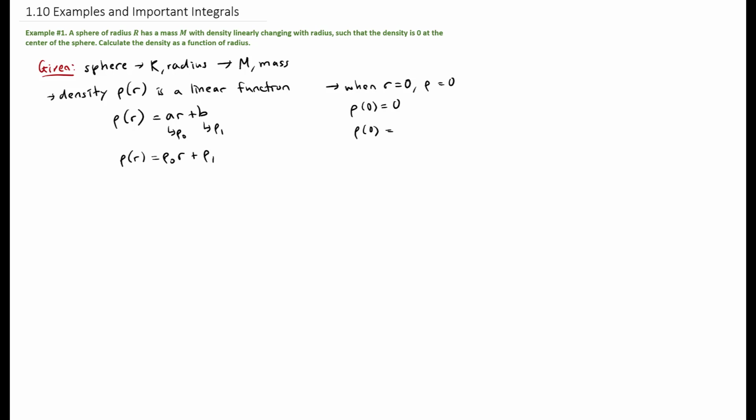Rho of 0 is equal to rho naught times 0, oops, not r, plus rho 1. This is 0, 0 plus rho 1, so rho 1 is equal to 0. So now we have a simplified density equation where this is just rho naught times r.